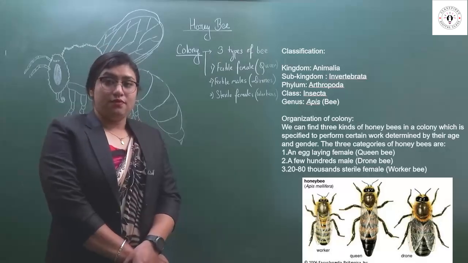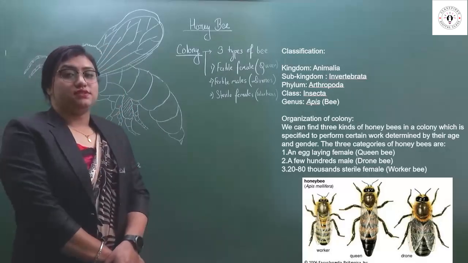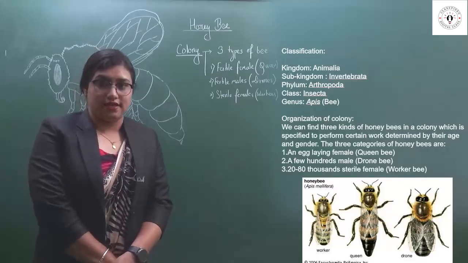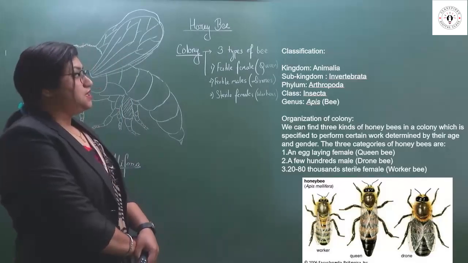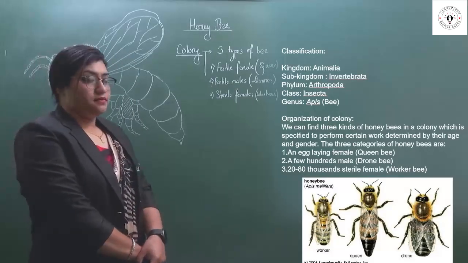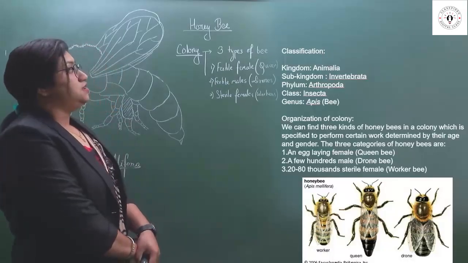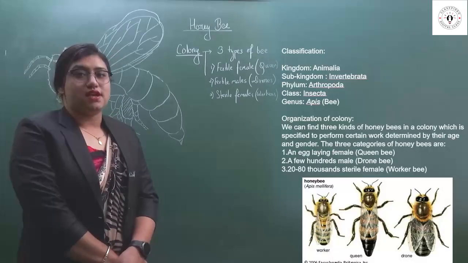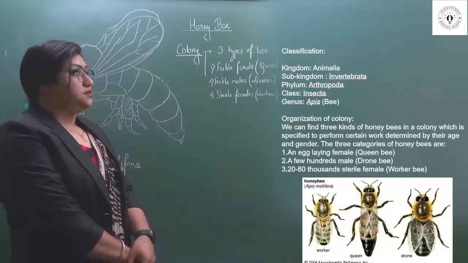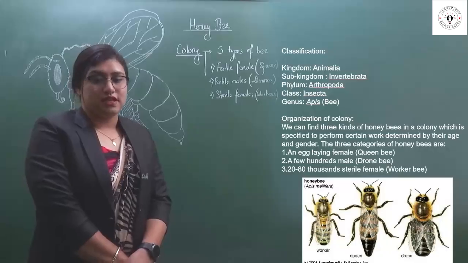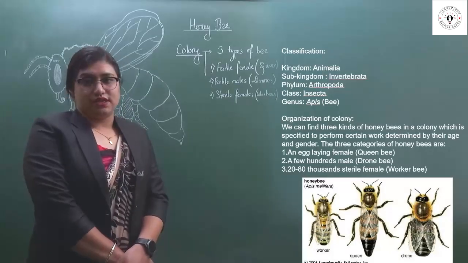Next, Arthropoda, the phylum which consists of animals with jointed legs. The Arthropoda phylum is subdivided into classes, and the honeybee lies in the class Insecta.